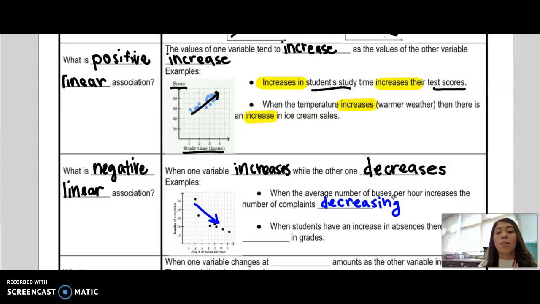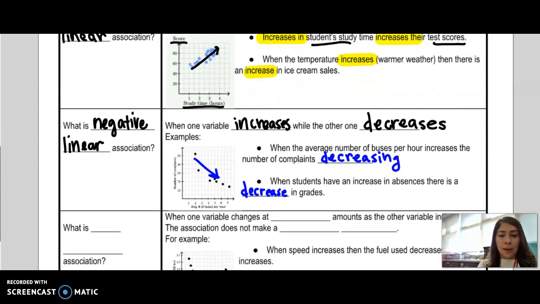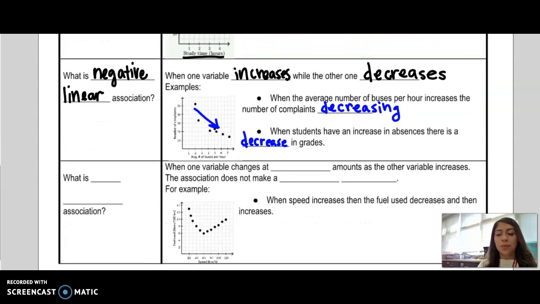And that is one example of negative linear association. Also, here's another example. When students have an increase in absences, their grades also will decrease. And that is going to be negative linear association.